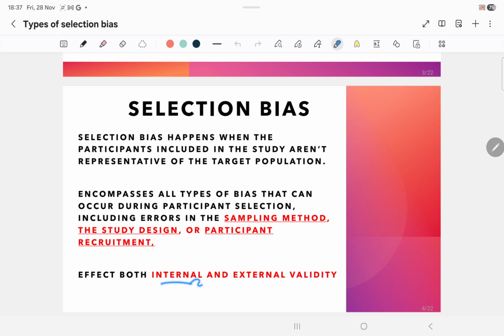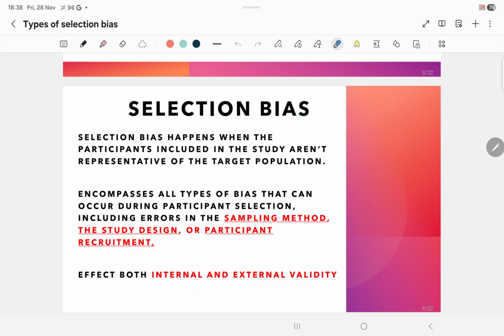So what do we mean by internal validity of the study? Are the results of the study, by themselves, valid or not? Is your p-value okay or not? Is your confidence interval okay or not? That is the internal or the statistical significance of the study that you are getting. That is the internal validity of the study. So selection bias will affect the internal validity as well as the external validity of the study.